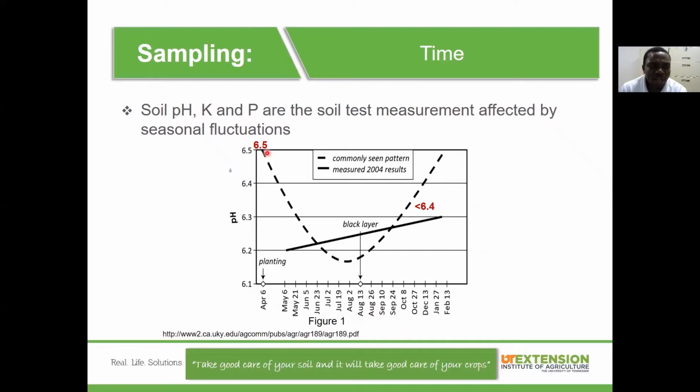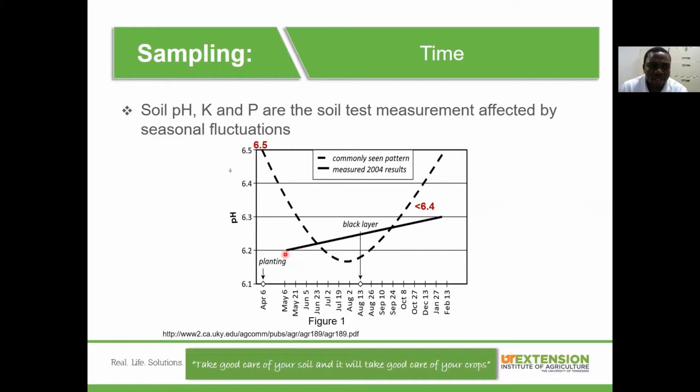What you realize is that the soil pH in the spring is about 0.2 units higher than in the fall. The general trend you see is a gradual decrease all the way to summer, where you have your lowest soil pH, and then it picks up again in the fall.